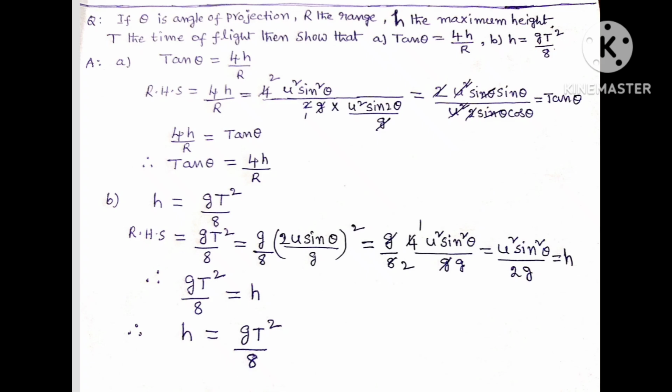When we solve the equation, we get H. Therefore, gT square by 8 equal to H. Therefore, H equal to gT square by 8.